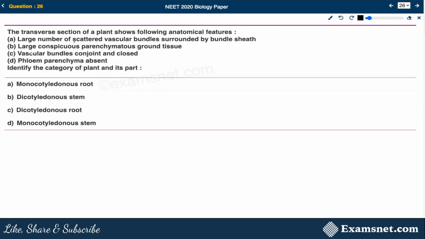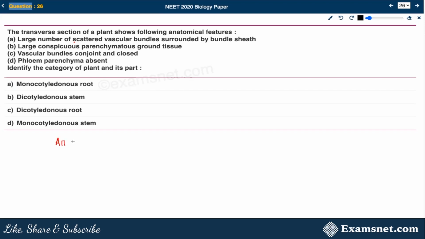And apart from that, large conspicuous parenchymatous ground tissue is found. This is also a feature of monocot only. Phloem parenchyma is absent in monocot and vascular bundles are conjoined and closed. This is also a feature of monocot. So all these features are the features of monocot.